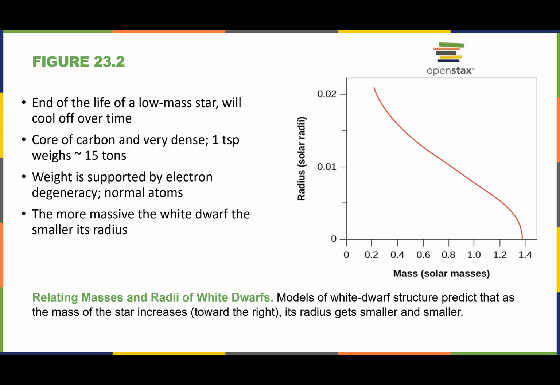You figure gravity has been working on that object since it became a star in the first place, and gravity didn't stop. It sort of did, with electrons bumping up against electrons. The electron degeneracy stopped it from squishing down any farther. So a white dwarf is very dense.